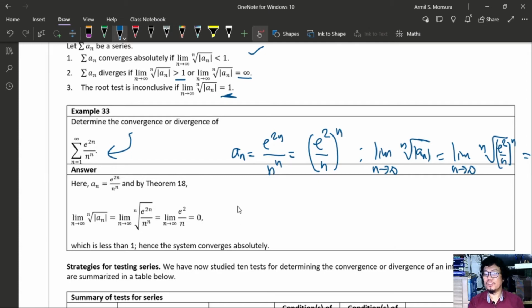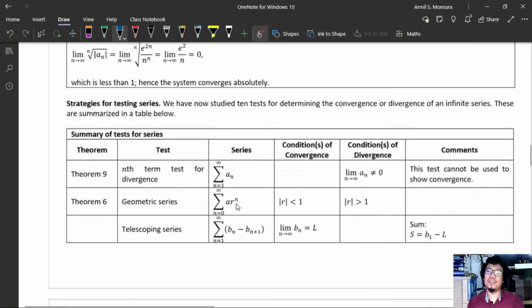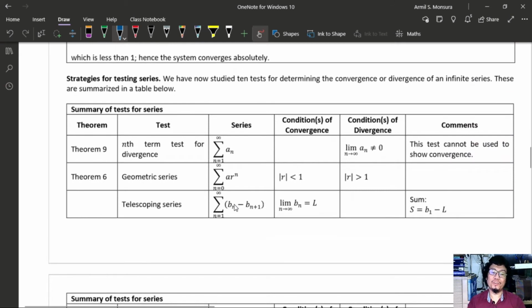As promised, first we summarize all of the tests that were discussed from lesson 4.2 up to lesson 4.6. We start with the nth term test for divergence, which is theorem 9.